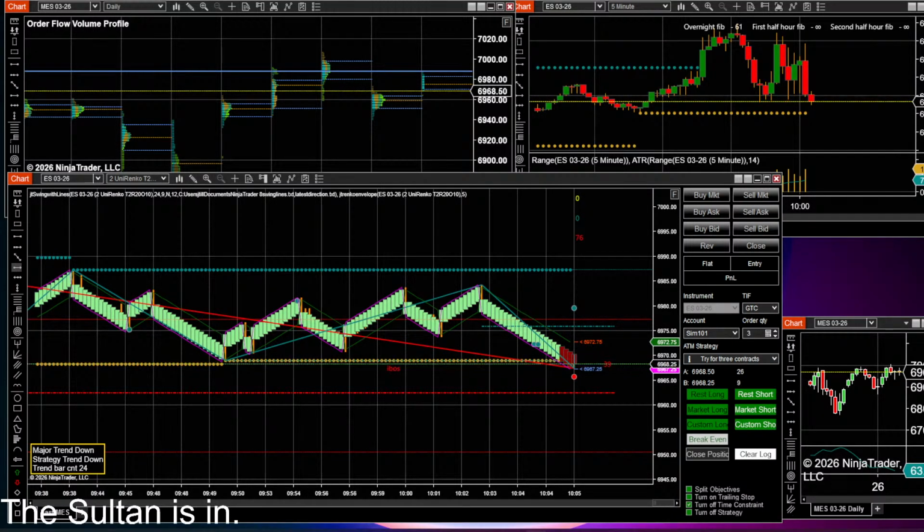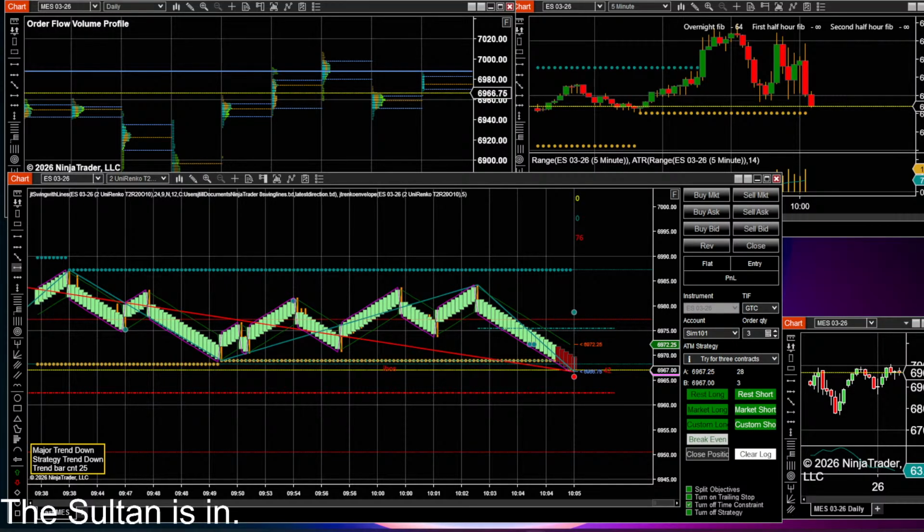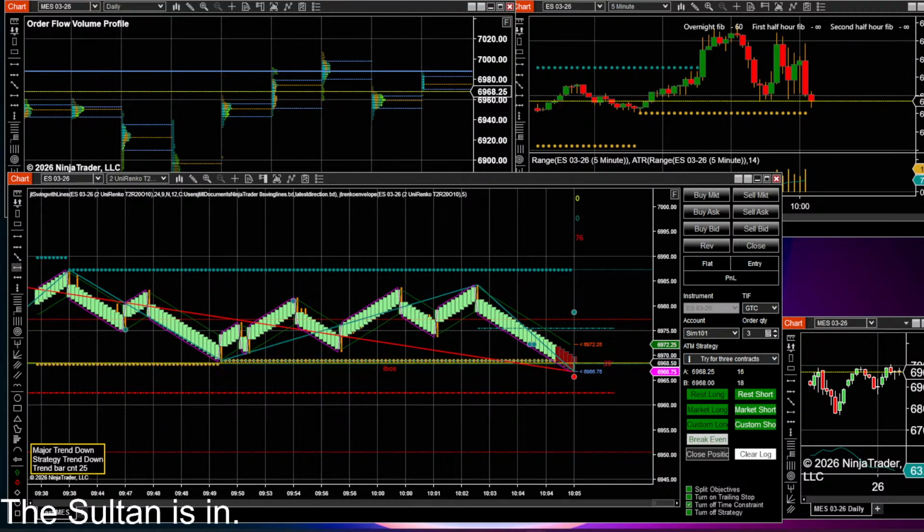The red line there is the 50% fib on the move up on the major trend. So this one here is one of my favorite moves.